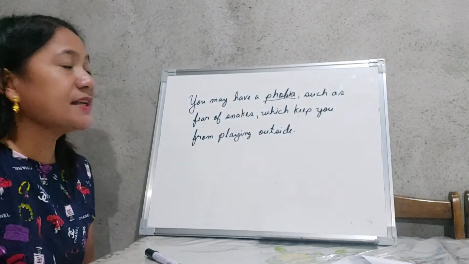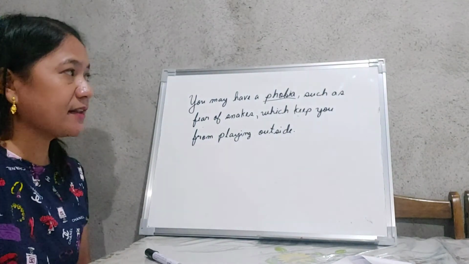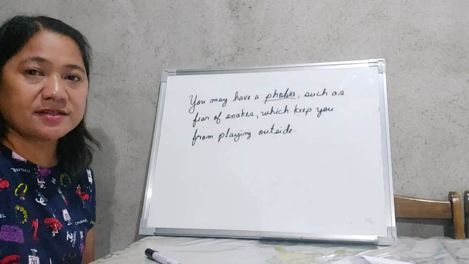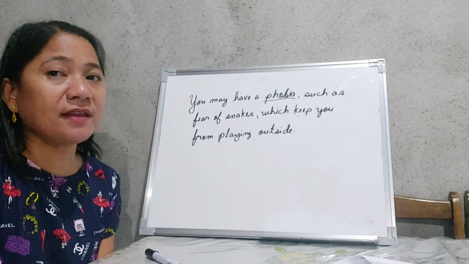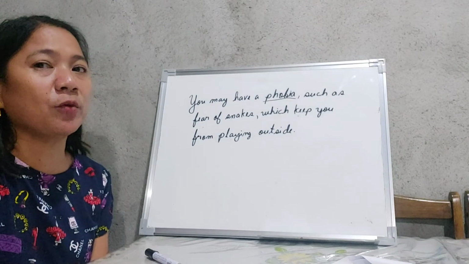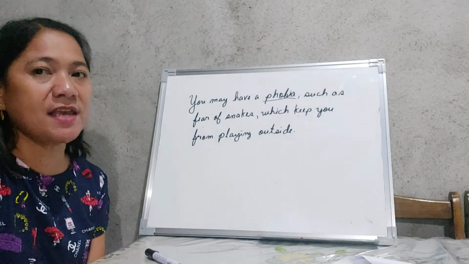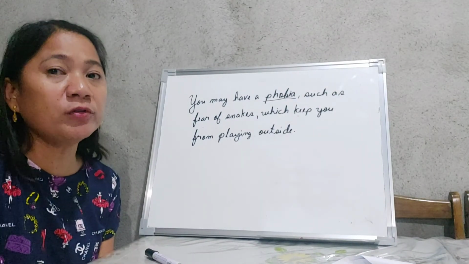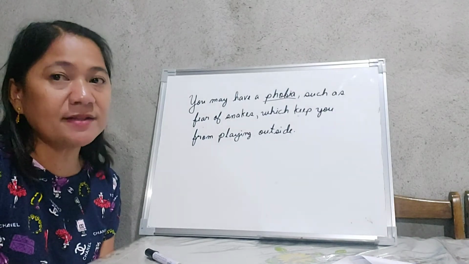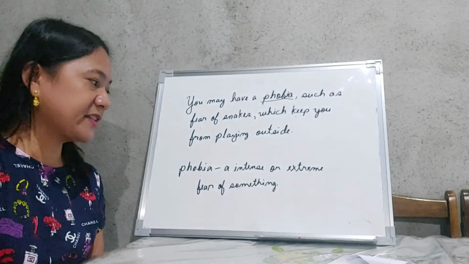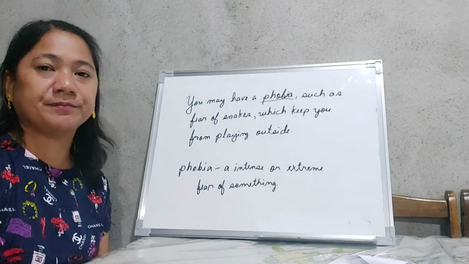And the signal word used in this sentence is such as. So in this sentence, one example of a phobia is fear of snakes. Therefore, we can conclude that the meaning of phobia is an intense or extreme fear of something.